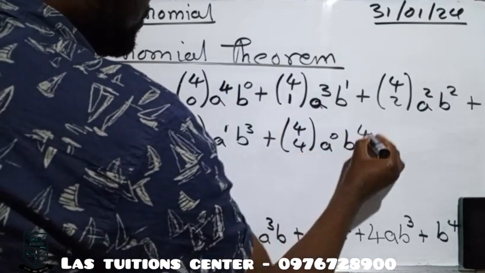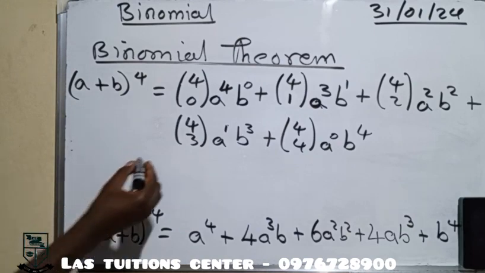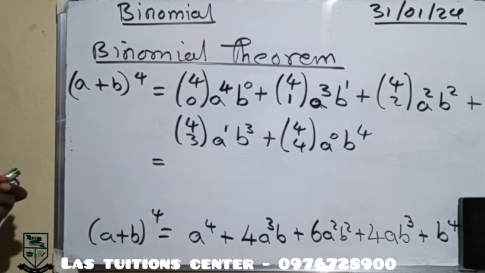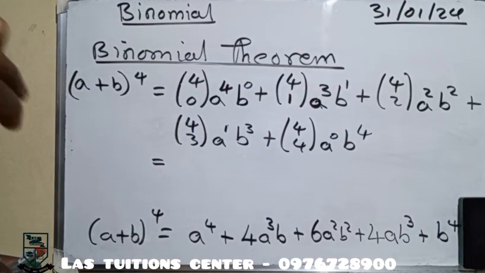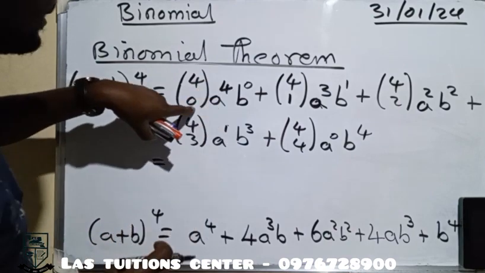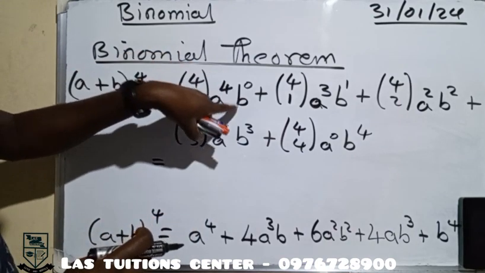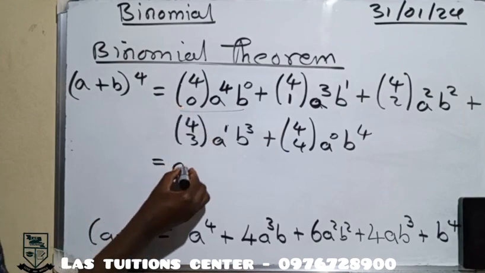So that's what we are going to have there, which is going to be equal to, now, we said n choose 0 gives us what? A 1. So we have 1 times a to the power 4. B to the power 0 is also a 1. So here, we only remain with a to the power 4.